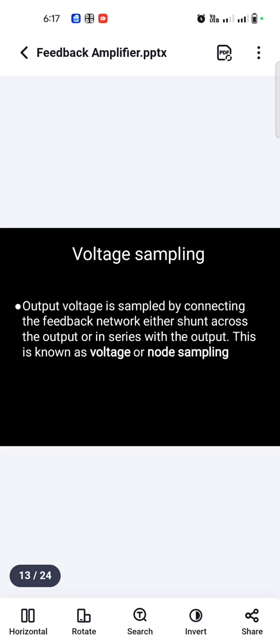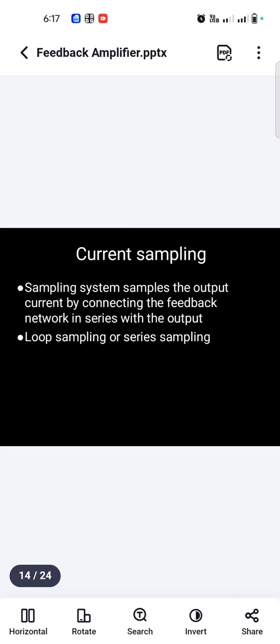For satisfactory operation, it is desirable that the input impedance of the feedback network be much greater than the load impedance, in order to avoid loading the output of the amplifier. We can say this is the sampling network also. This sampling is otherwise called nodal sampling.